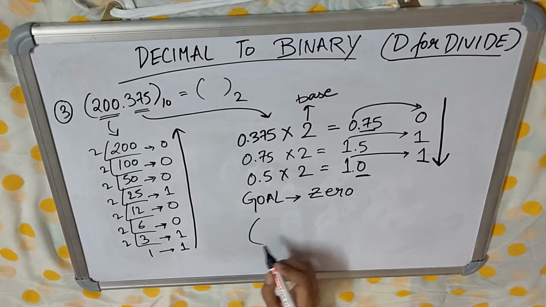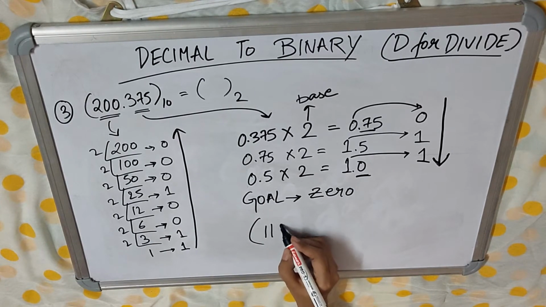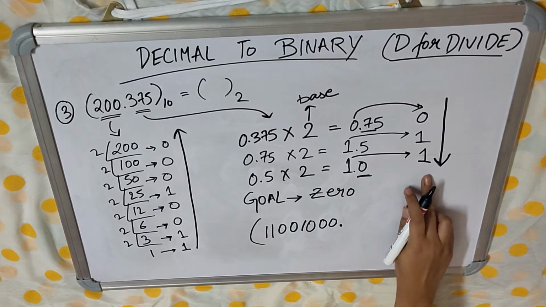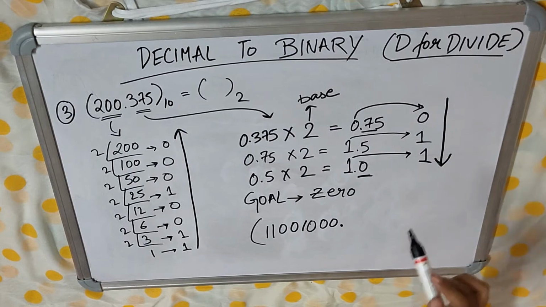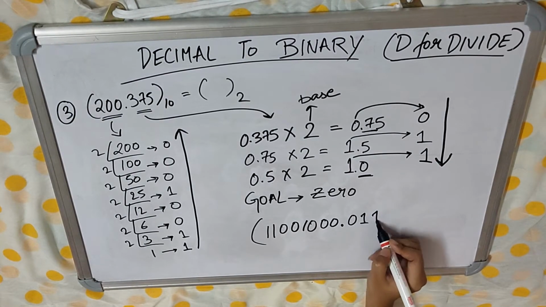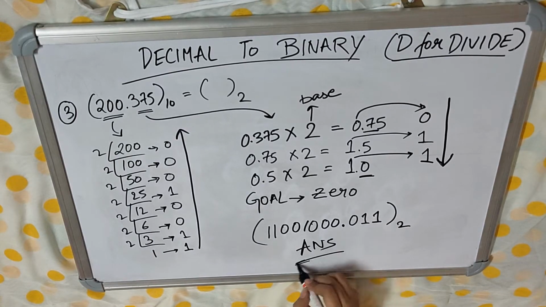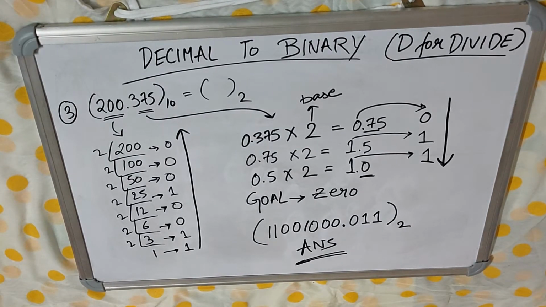So the first one was bottom to top, that is 11000100 point, then top to bottom, that is 011 base 2. So this is your converted answer in binary form for 200.375.